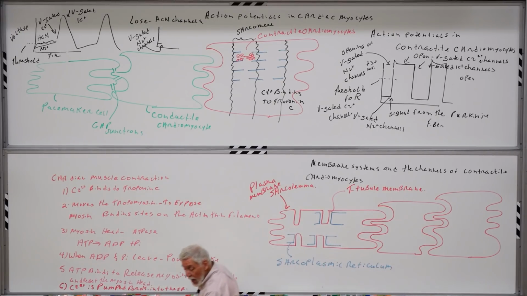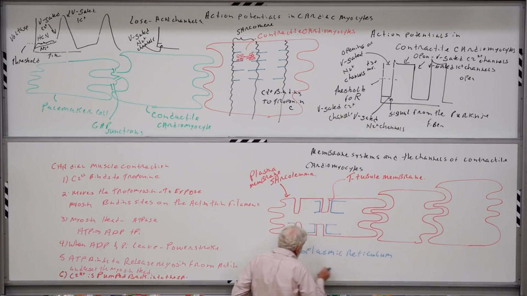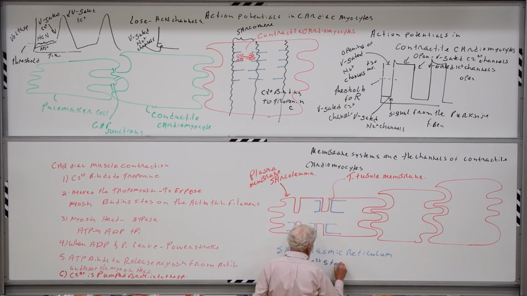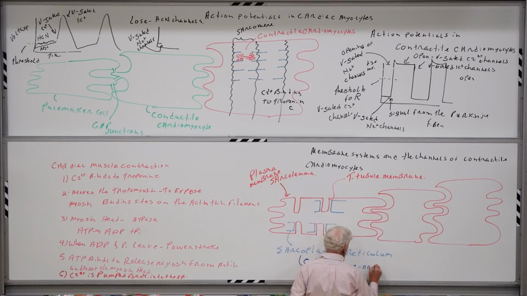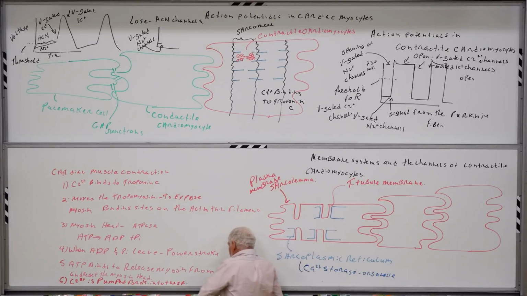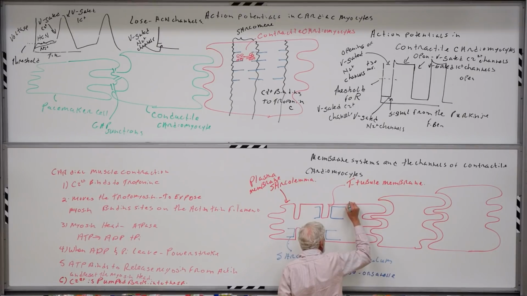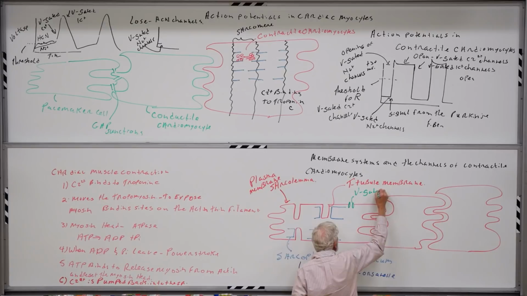Now remember that the sarcoplasmic reticulum plays this important role in that it's a calcium storage organelle. The channel characters that we talked about in skeletal muscle, there were three major types of channels in the sarcolemma. These are the voltage-gated sodium channels.